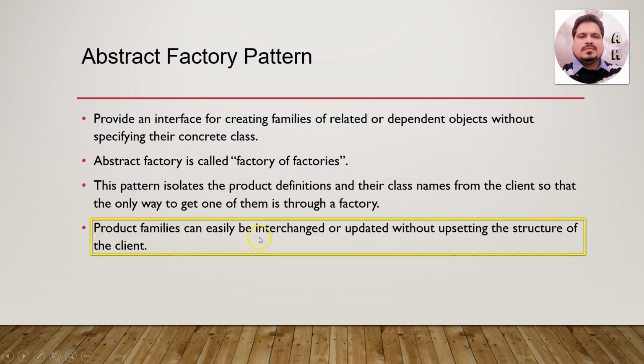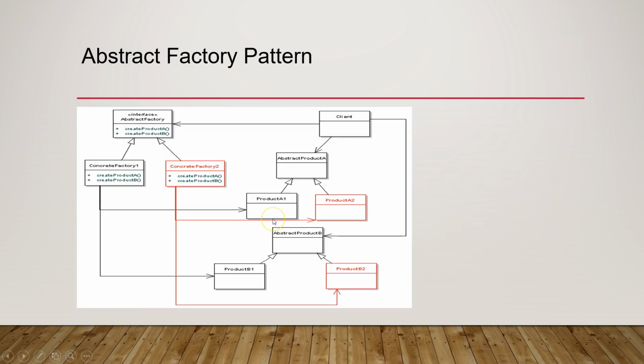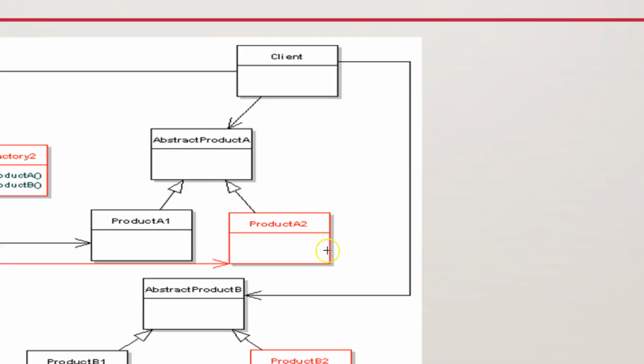The product family can easily be interchanged or updated without upsetting the structure of the client. Suppose in future we want to update product A and a new product is introduced.